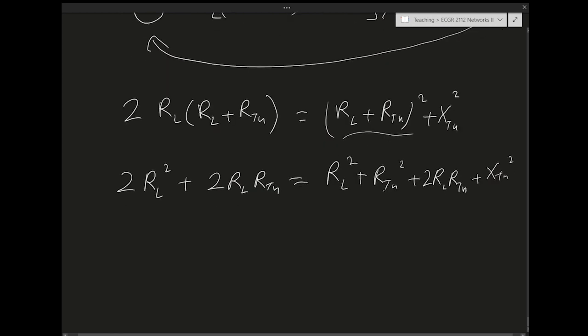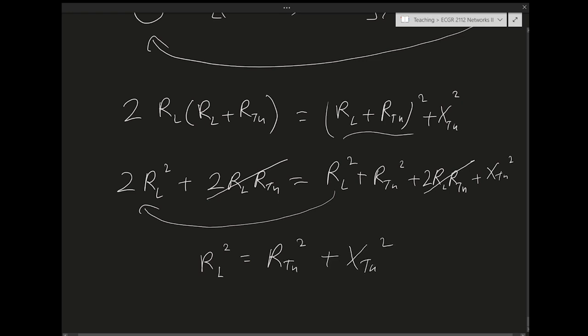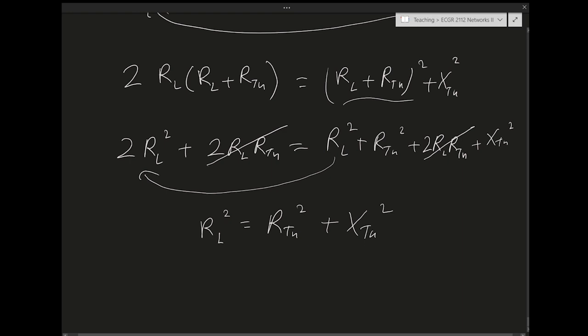Clearly this cancels with this, right? Take this to the other side. This is going to be RL squared equals R Thevenin squared plus X Thevenin squared. So the condition of maximum power transfer if XL equals 0 is that RL needs to be the square root of R Thevenin squared plus X Thevenin squared.